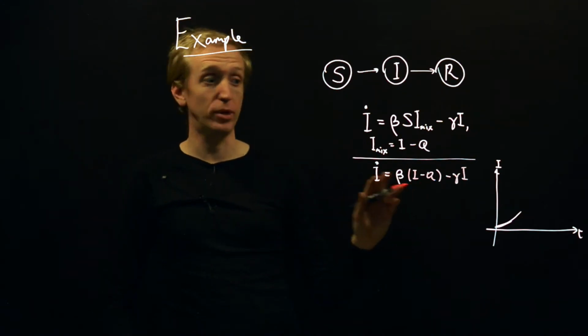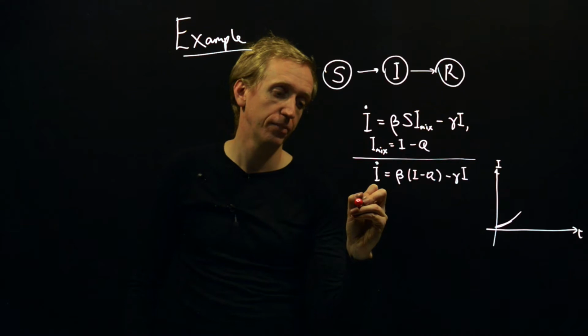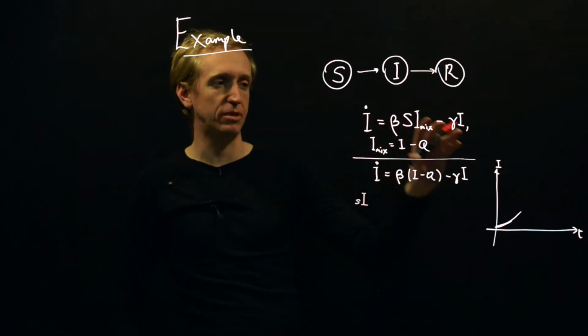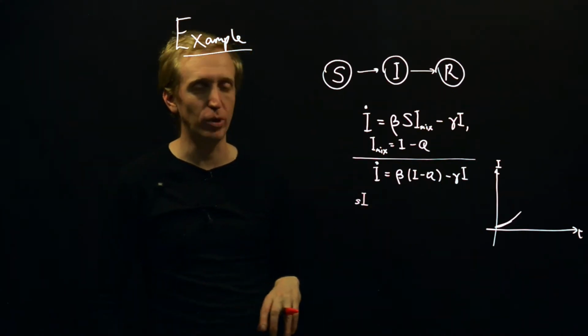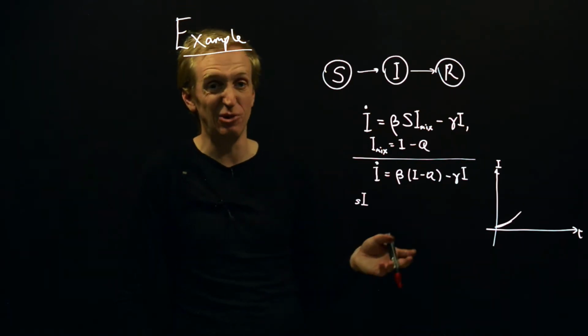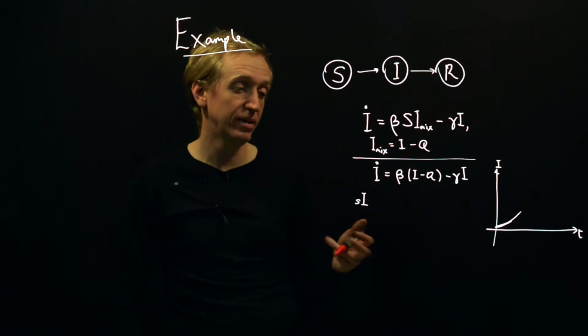And now we take Laplace transforms. Laplace transforming this, we get sI. We're in a bit of trouble because we've used capital letters for everything, even in the time domain. When you get used to doing these things, you don't even need to use different variables for your time domain and Laplace domain variables.